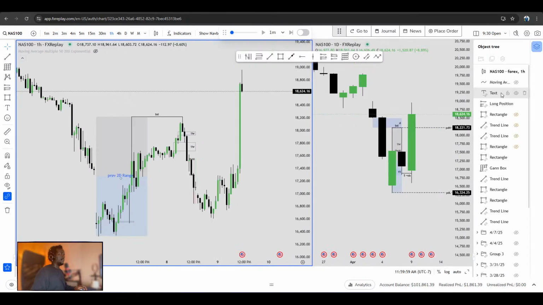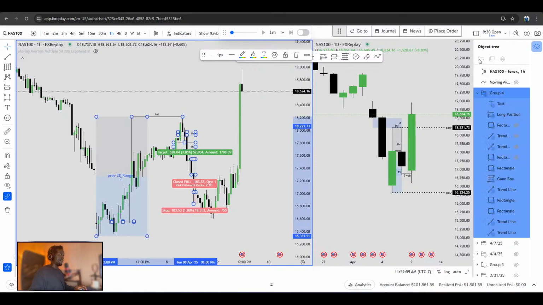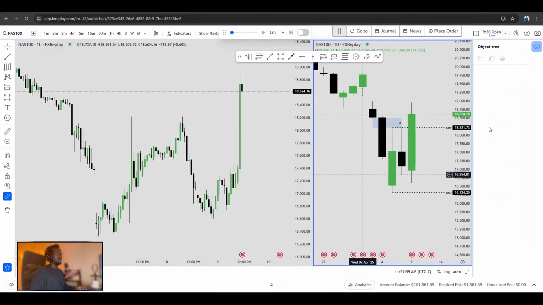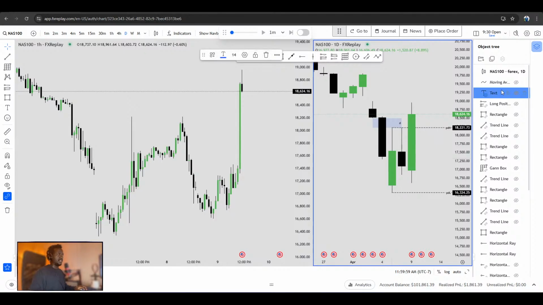So let me clean up these charts real quick, and then we are done here. Trend line. What day is this? 7/4/7/25. So I'm gonna keep on taking this. I don't have to do everything on the live stream.